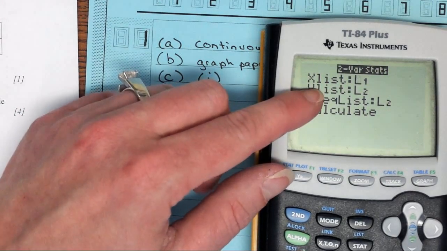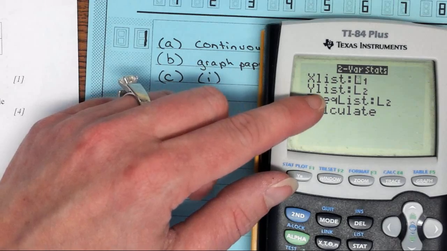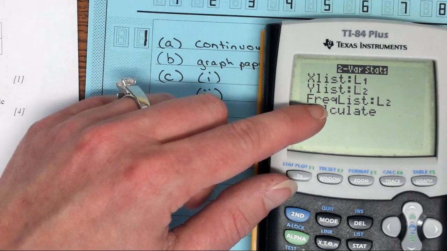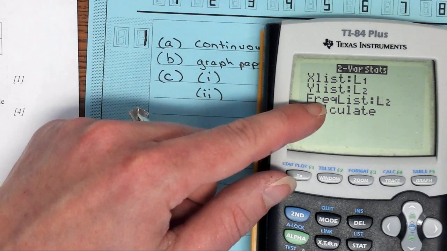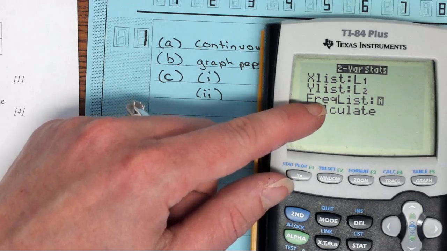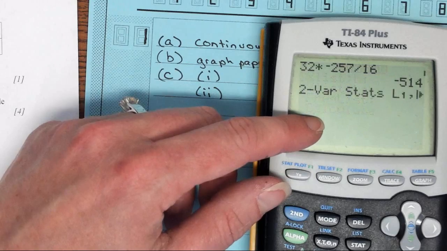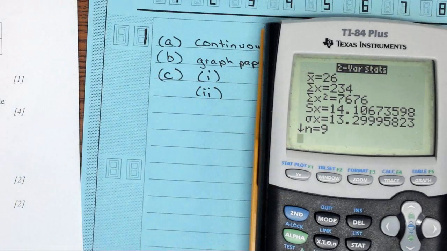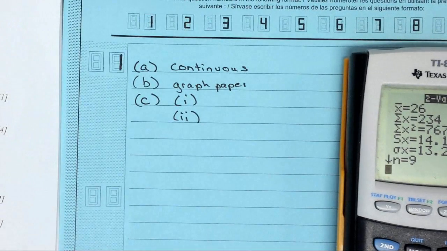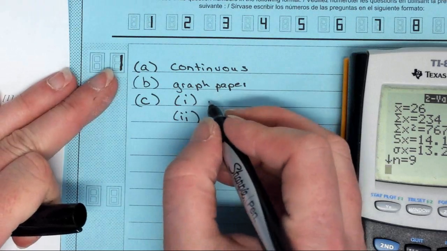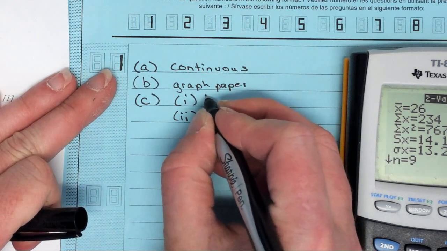Now it asks me, are my x's in L1? Yes. My y's in L2. Do I have a frequency list? So I need to make sure I clear that out. That's one of the things you'll need to remember to do. And then we're going to go down to calculate. Ooh, it gives me x bar. X bar is the first one.